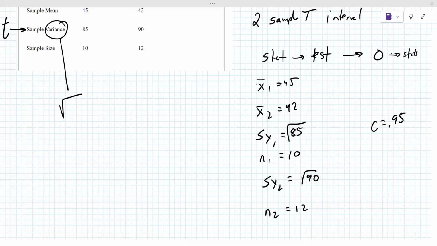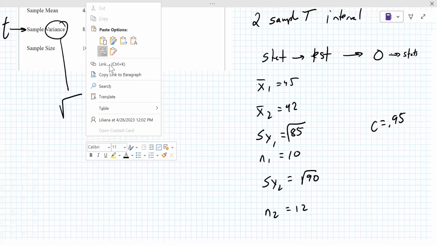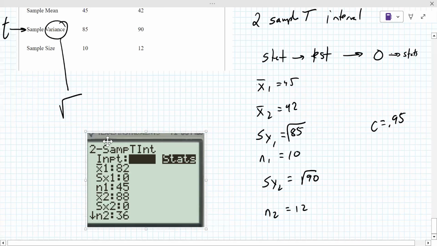Are you doing a 2 sample T interval? Nope. Let me snip that in here. 2 sample T interval. Is that what you see at the top? No, I had the wrong one. Okay, yeah, and at the end, that's a good indicator.